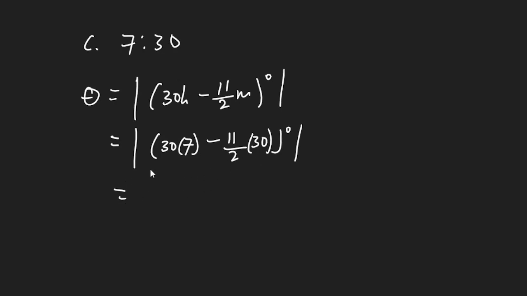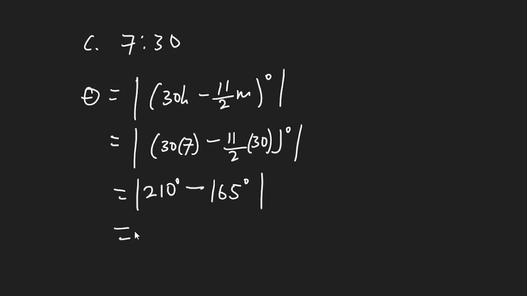So this gives us 30 multiplied by 7 is 210, minus 11/2 multiplied by 30, which is giving us 165 degrees.